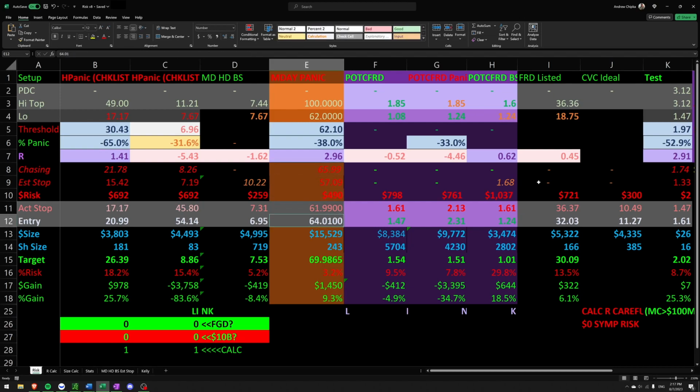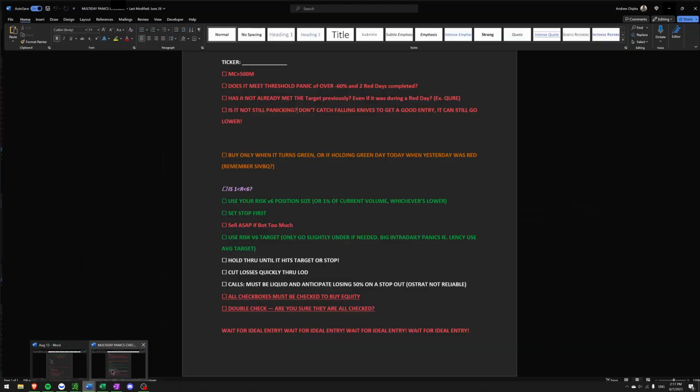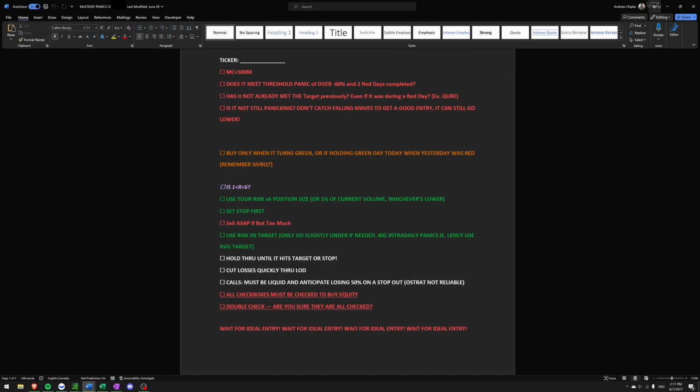So that is a trade I will take, because the entry of the buy order is not above the target, and it makes sense to enter it. So I take the entry, take that size, this amount of shares, and I'm risking this amount. This spreadsheet just automatically calculates everything for me. What I've got to focus on is making sure all the criteria on the spreadsheet is met. I have to make sure all these are checked first, and then I can actually take the trade.